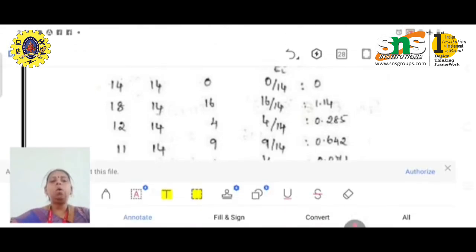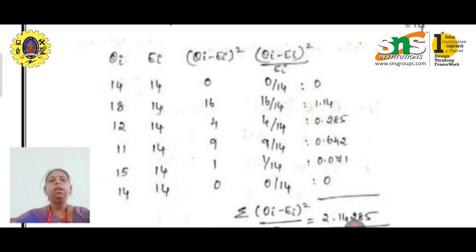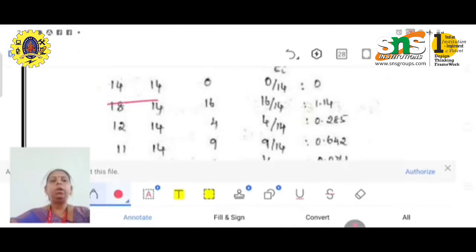To calculate OI minus EI, the first entry is 14 minus 14, which gives 0. The second one is 18 minus 14, which is 4. When you square this you get 16. The next entry is 12 minus 14, which is minus 2. When you square it is 4.